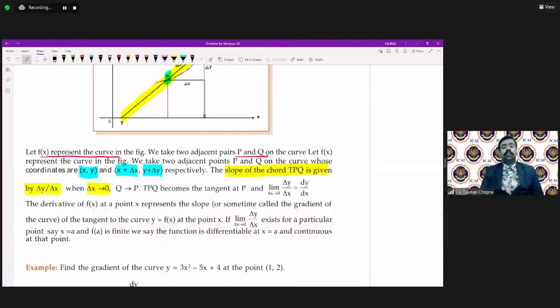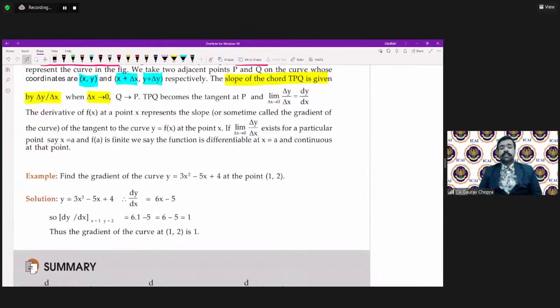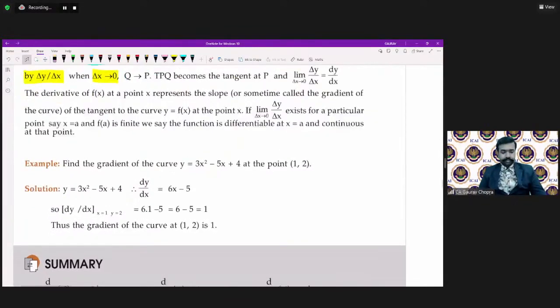Now we don't have to remember all these things. We simply have to find out the slope. How to find the gradient of the given equation? So let us jump simply to the question.